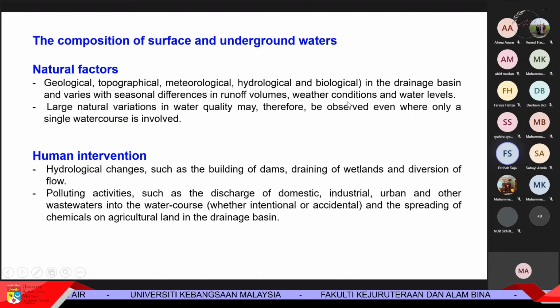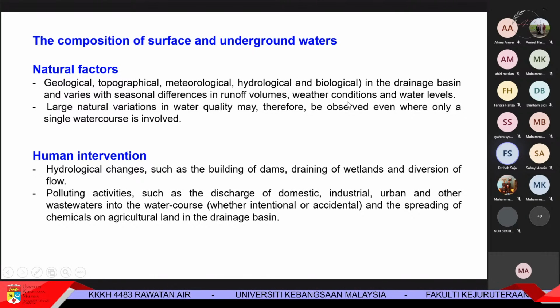Human intervention also has a significant effect on water quality. Some of the effects are the results of hydrological changes, such as the building of dams, draining of wetlands and diversion of flow.